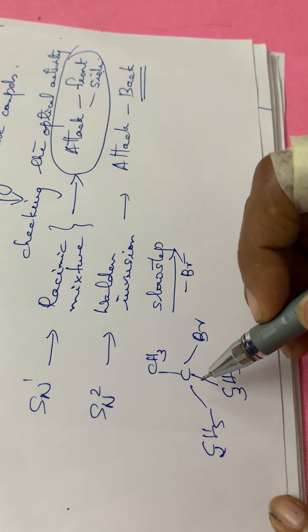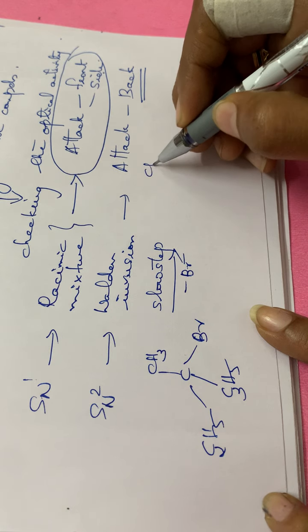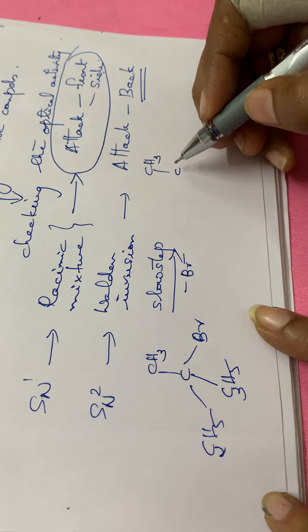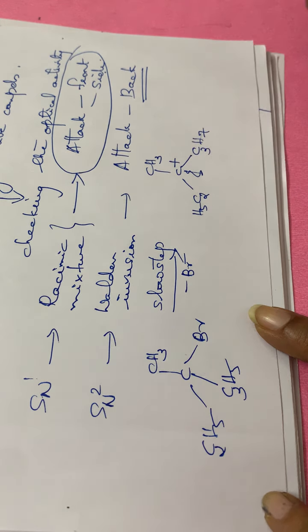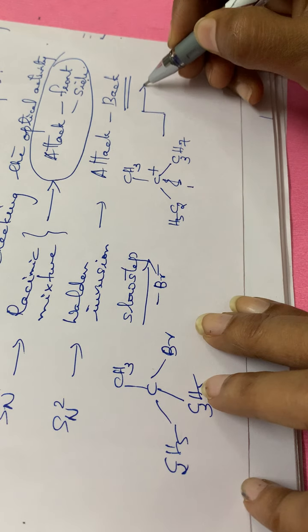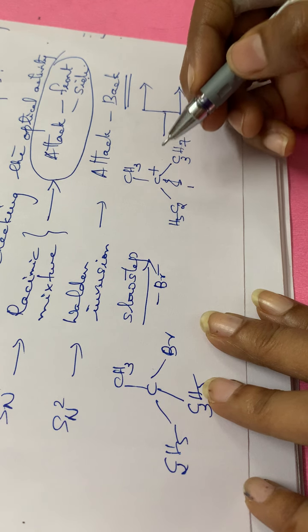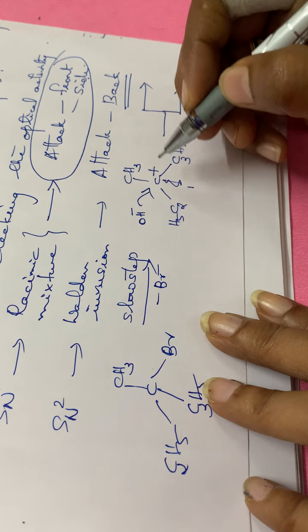So the attack can be from the front side or from the back side. At first this Br minus will be eliminated, so it becomes a planar compound, CH3, C plus, then C2H5, then C3H7. Then again it will be having two products. One can be from the attack of OH minus from the back side, or it can be the attack of OH minus from the front side.